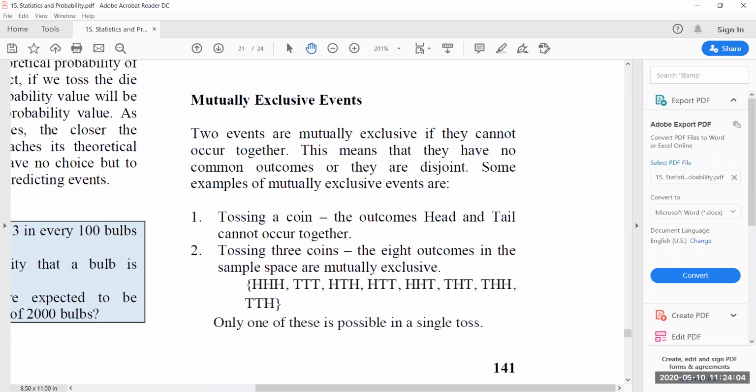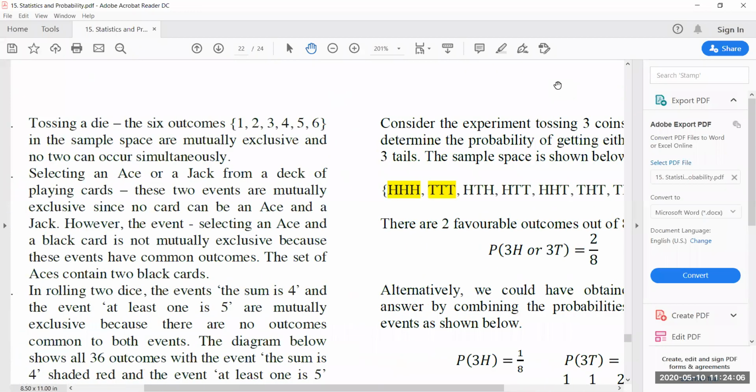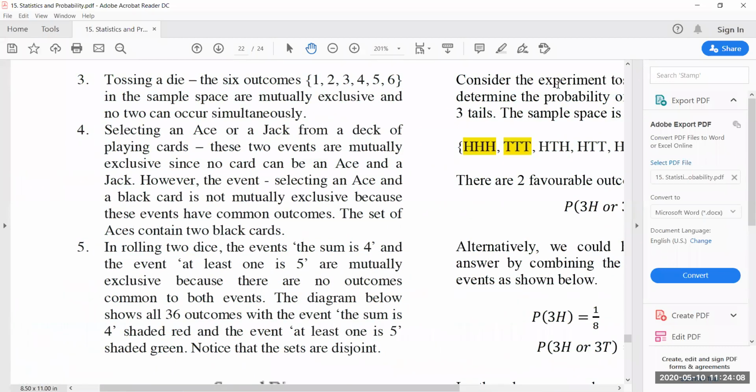Okay? The third one, tossing a die. The 6 outcomes 1, 2, 3, 4, 5, 6 in the sample space are mutually exclusive. Now, you cannot get a 1 and a 5 occurring at the same time. Only the one on top is counted. Okay? You can't have 2 or more numbers occurring at the same time.